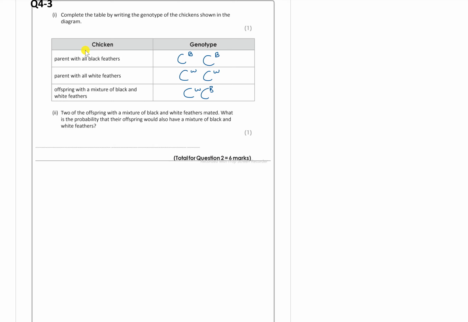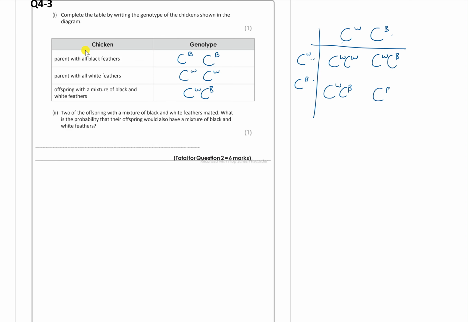Two of the offspring with a mixture of black and white feathers are made. So you've got CW, C black from one parent, and CW, C black from another parent. So you're going to end up with CW, CW. These two will become CW, C black. These two will become CW, C black. And this will become C black, C black.